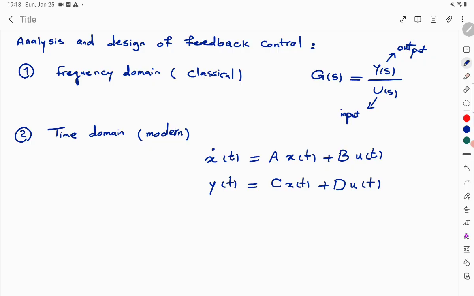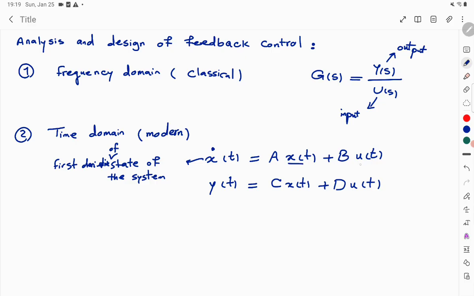So in this representation, we have the first derivative of x equal to A x plus B u. x is the state of the system, but when we have a dot on top of that, it's the first derivative of the state of the system, or we can say the dynamic of the system.